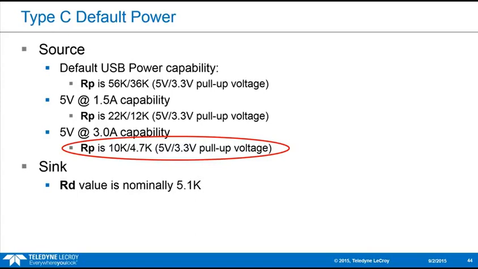I mean, it needs to see RD terminations from the sink to know it's a Type-C cable. So that's twice the current available in the BC 1.2 spec. And this is still completely independent of PD. So you can create a low-cost Type-C device that doesn't even use power delivery, but can still charge at 3 amps. So that's a nice enhancement.